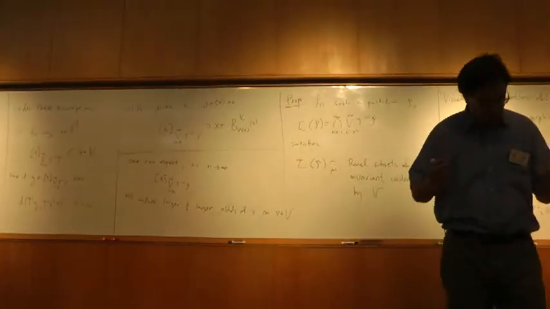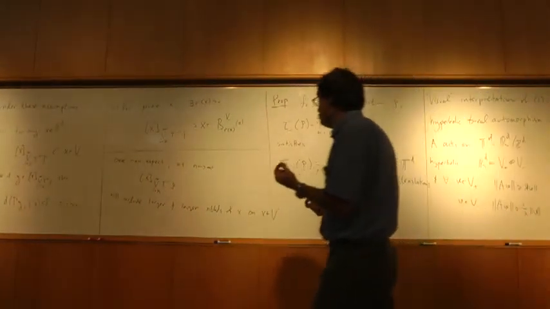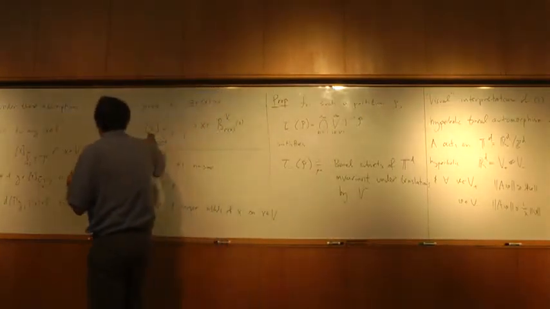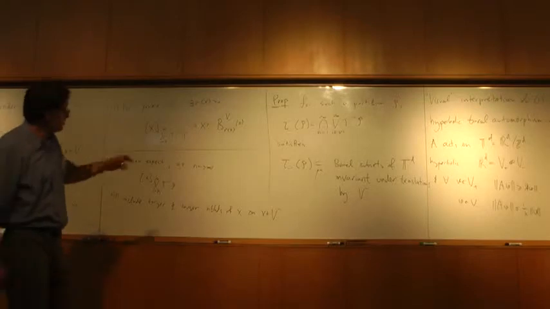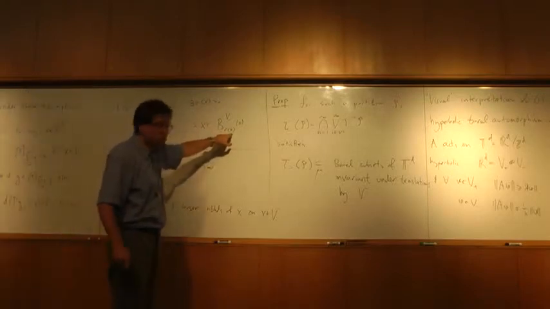Then this set, if it contains a point x, would have to contain all these points which are indistinguishable from x. It would have to contain this small neighborhood.